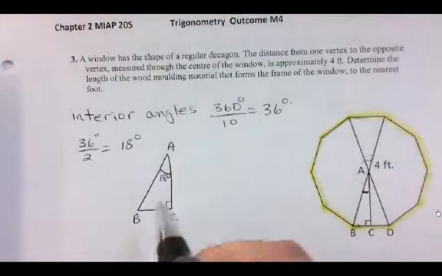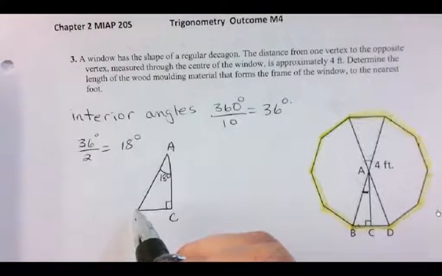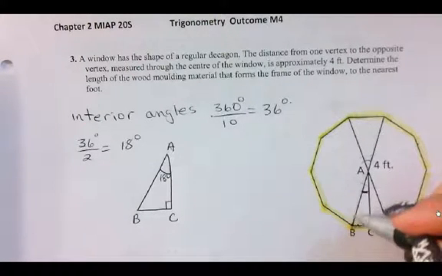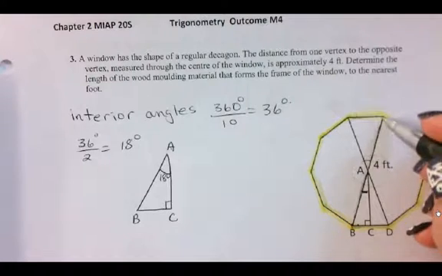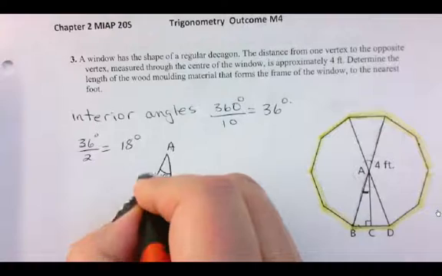Now, what other measurements can I get for this triangle here? Do I know what this length is? What is it? So this is 4 all the way across, right? So we're going to divide that by 2, and we're going to get 2 feet right here.